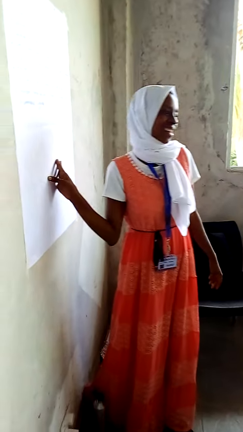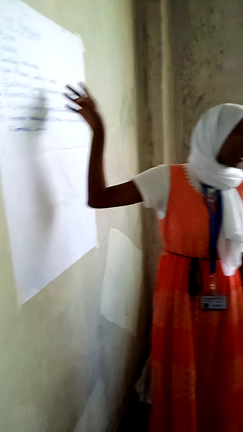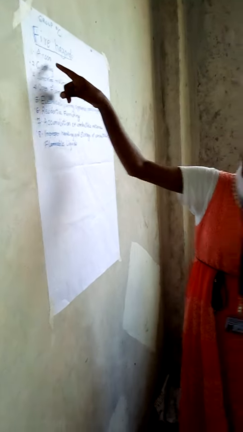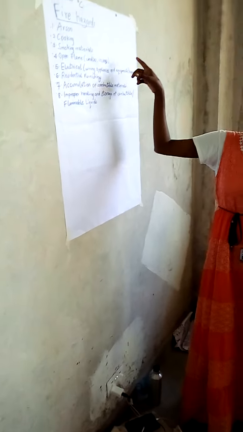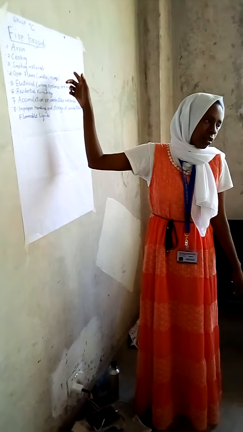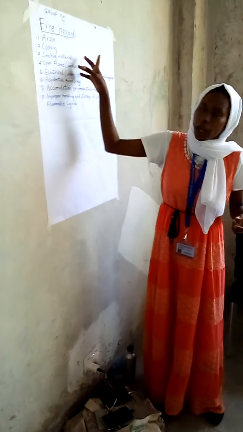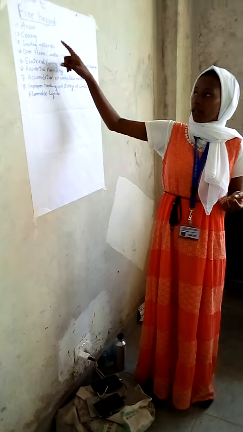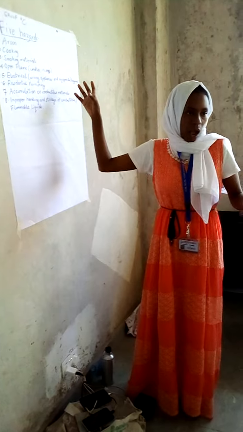Good evening. I'm Salim Sai. I'm responding to study question 3 from group 3. As connected to what my colleagues have said, these are the fire hazards we got. Arson: the person, like your enemy, who can come and burn your house. Then we have cooking, where you cook and forget.